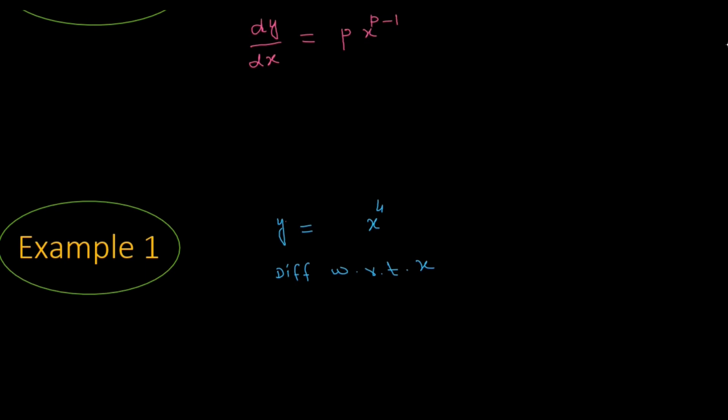So dy by dx will be equal to the power first, which is 4, and then the power minus 1, which is 4 minus 1. This can be written as 4x cubed. So this is the power rule.